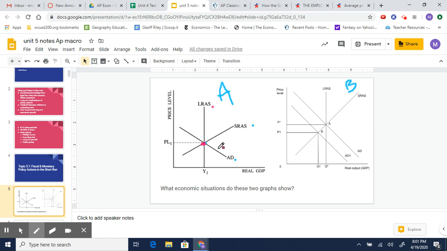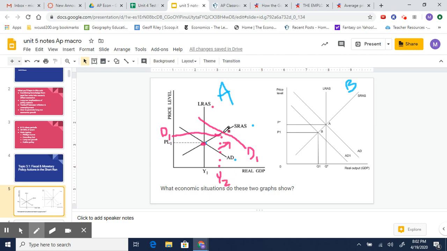Okay, now let's say that there is some demand pull inflation. Demand shifts to the right here, and so you go from full employment right here and over here. Right now, prices have increased. So you have some inflation there, and now here's Y2.